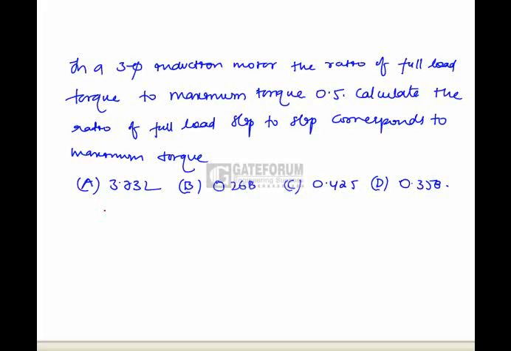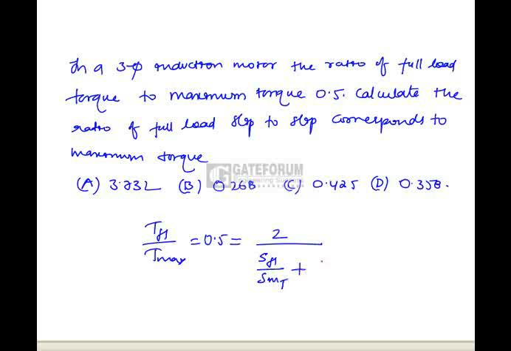A 3-phase induction motor has the ratio of full load torque to maximum torque as 0.5. We know that this ratio is equal to 2 by (slip at full load by slip corresponding to maximum torque, plus slip corresponding to maximum torque by slip at full load).